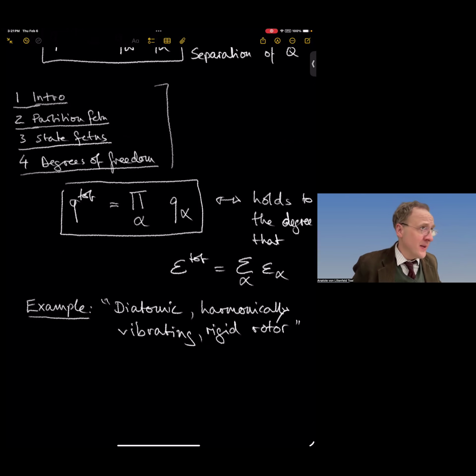So this is a well-established system, right? A little bit like the particle in the box, or the harmonic oscillator, or your hydrogen atom. In physical chemistry, these couple of words refer to a well-defined situation.